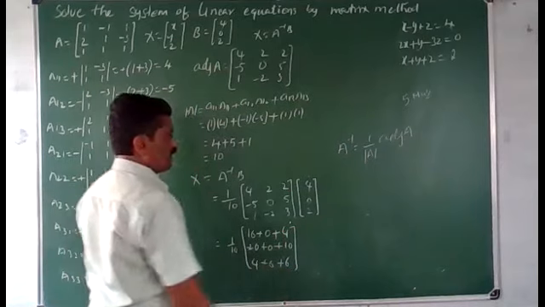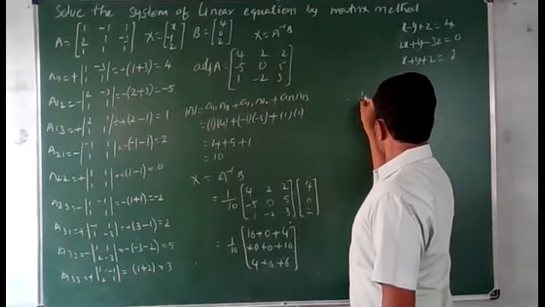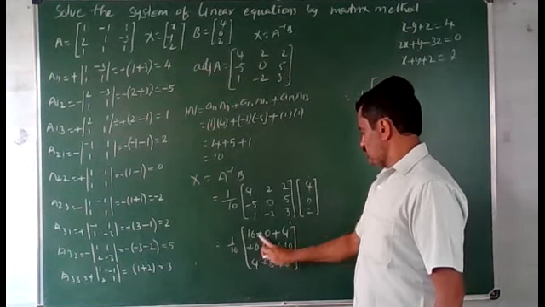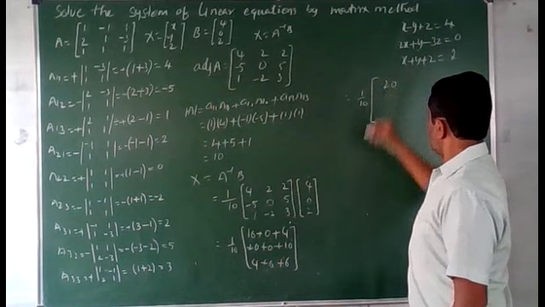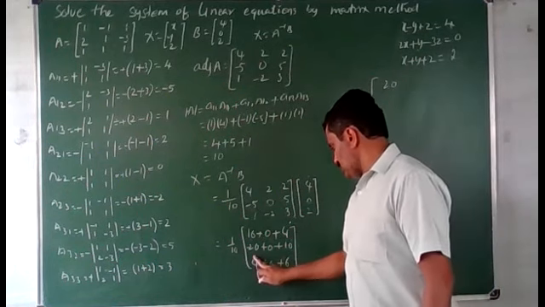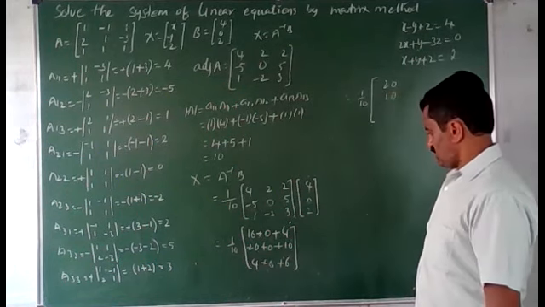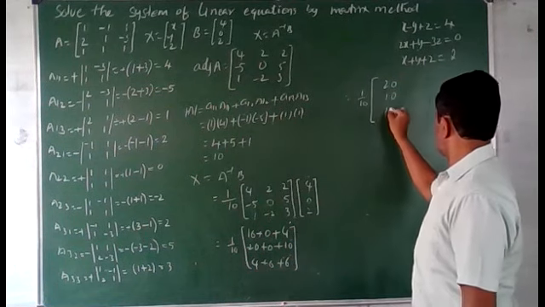Okay. Now simplification. That is equal to 1 by 10 into the matrix 16 plus 0 plus 4, we have 20. Again, minus 20 plus 10, we have 10. Again, 4 plus 6, we have 10.